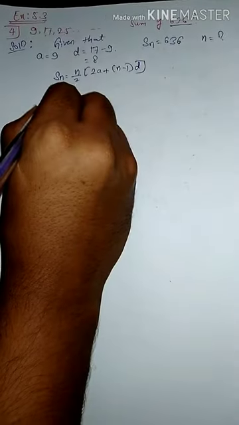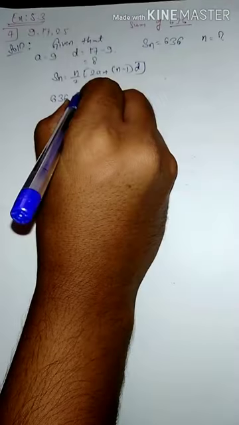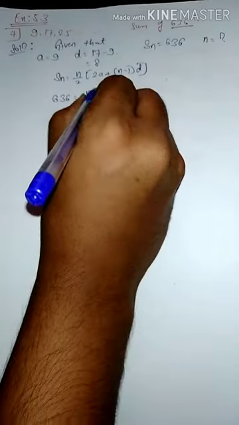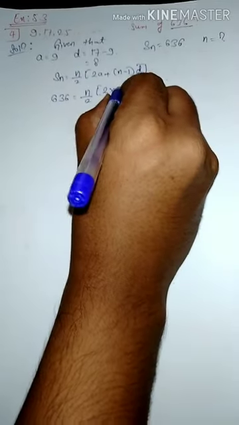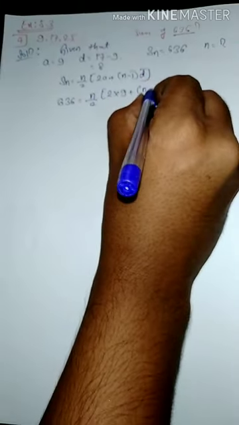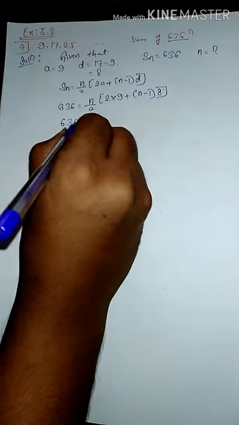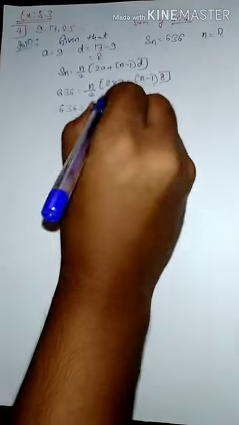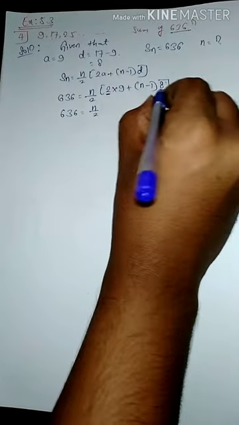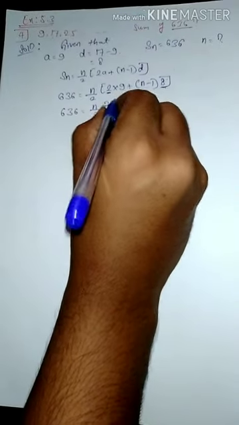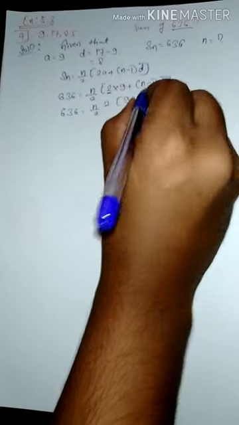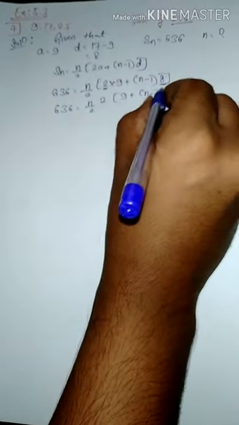Sn is 636. So 636 is equal to n by 2 into (2 times 9 plus (n minus 1) into 8). So 636 is equal to n by 2. 2 is common, take it outside: 2 into the remaining terms, 9 plus (n minus 1) into 4.